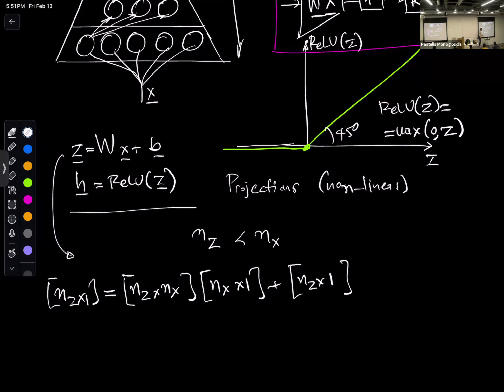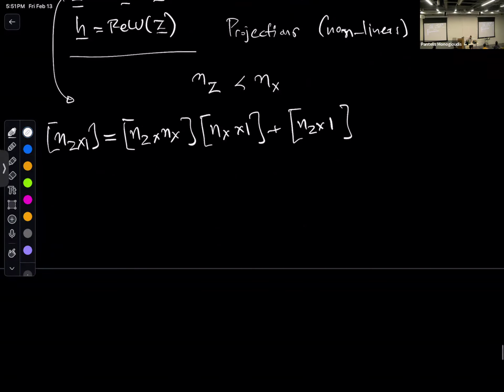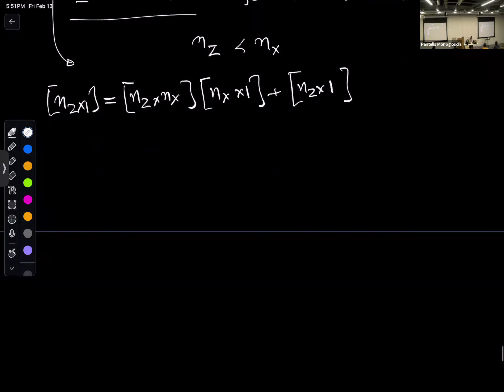I want to do the projection, in other words. I want to go from NX dimensions down to NZ dimensions. Now, a few moments ago, we had a neural network of 3 neurons over there, right? Anyway, let me do it with my memory.